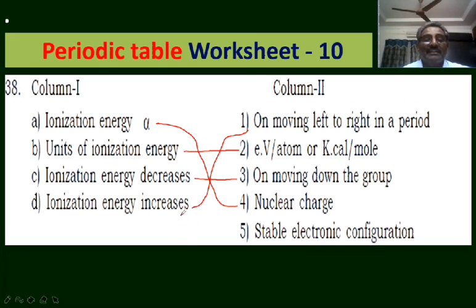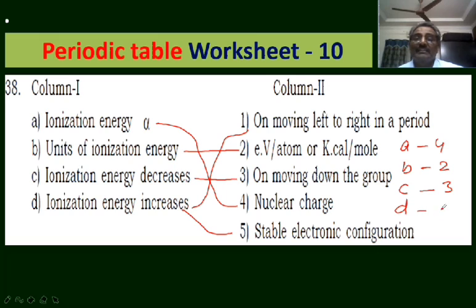That means D can be matched with 5 also. So what is the correct match here? A4, B2, C3, D1 and 5 is the correct match.